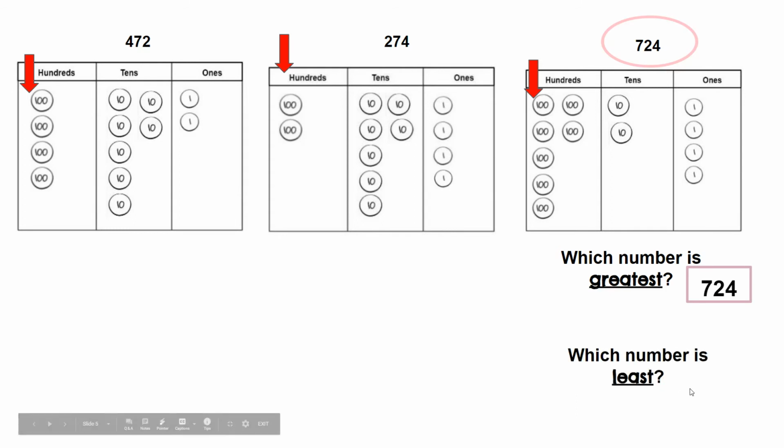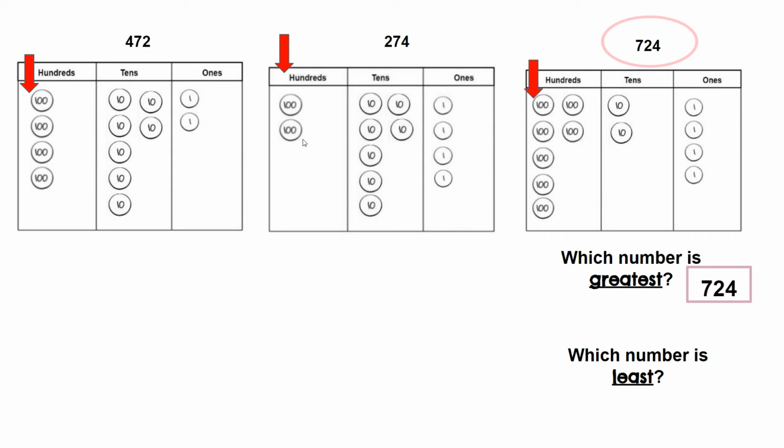Which number is least? We are left with 472 and 274 because we know that the greatest number here is 724. Now, let's compare 472 and 274. Which is less? We know that 472 has 400 and 274 has only 200.